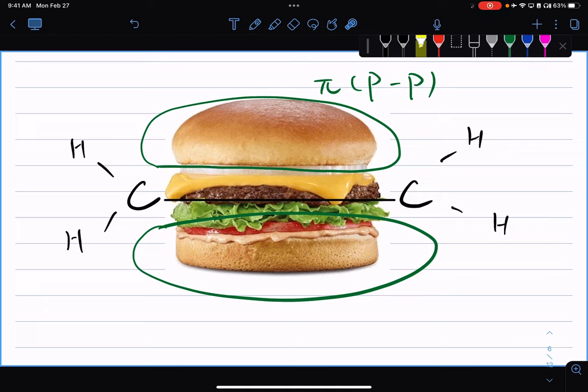When you put them together, they interact with each other to form a pi bond. That's one common misunderstanding I want to highlight here. So both of your bread pieces are your pi bond.